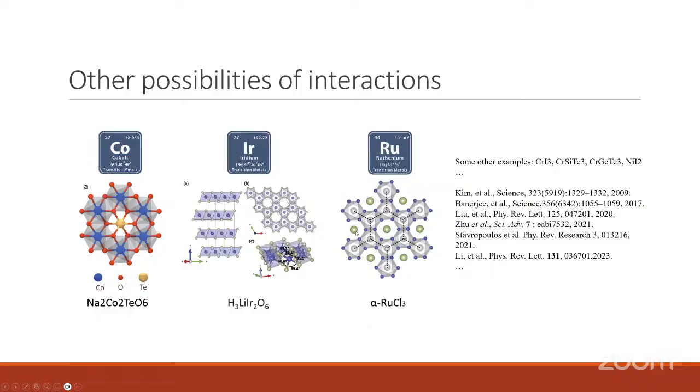They all have a very similar layered structure to the MPX₃ family of compounds. So probably they could have similar spin models for describing the spin behaviors of the system.